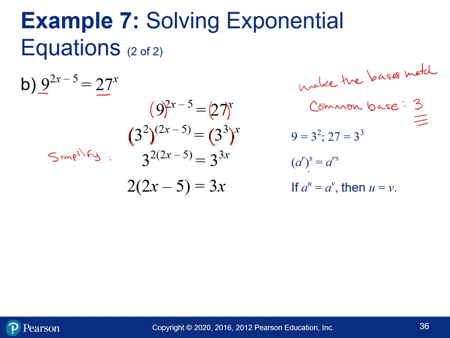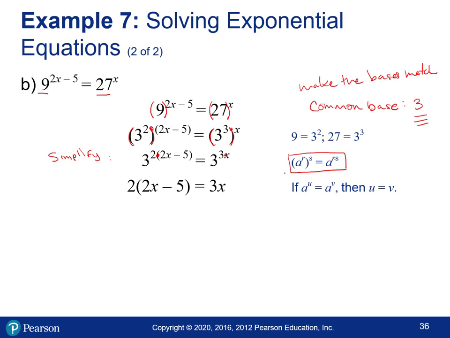The rule says if I have the base raised to a power and then I raise that to another power, I just multiply those exponents. So we just multiply 2 times 2x plus 5, and on the right one we just multiply 3 times x.